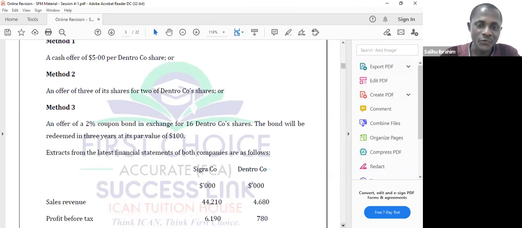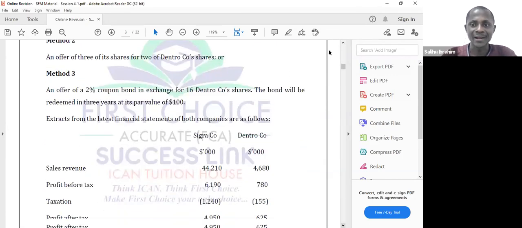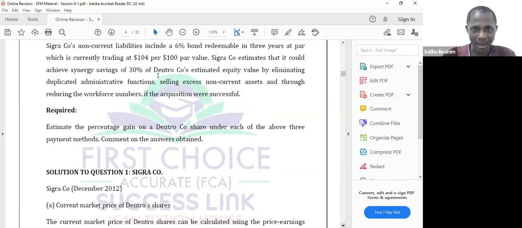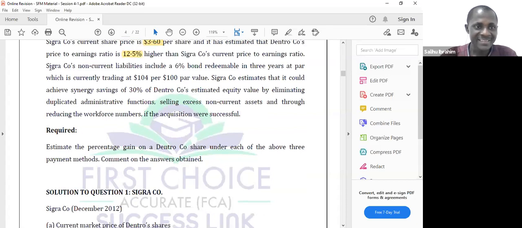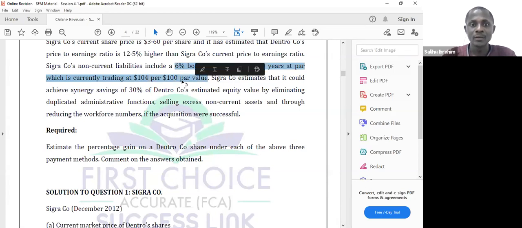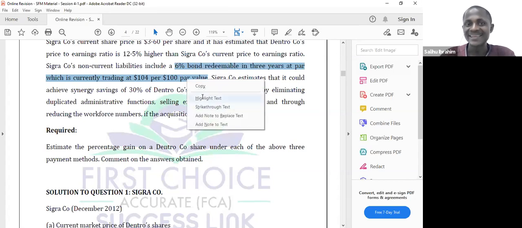What you are going to do is this. If you look at the question further, the question gave you another bond here. The question says Sigraco's non-current liabilities include a 6% bond redeemable in 3 years at par, which is currently trading at 104 per 100 par value. Consider that.